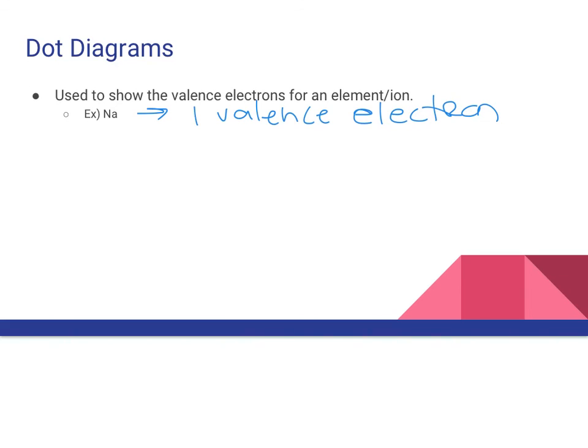When we draw a dot diagram, we're going to represent that 1 valence electron with, as the name implies, a dot. Dot diagrams start with the element symbol in the middle. I'm going to draw 1 dot to represent that 1 valence electron. So the dot diagram for sodium would look like this.